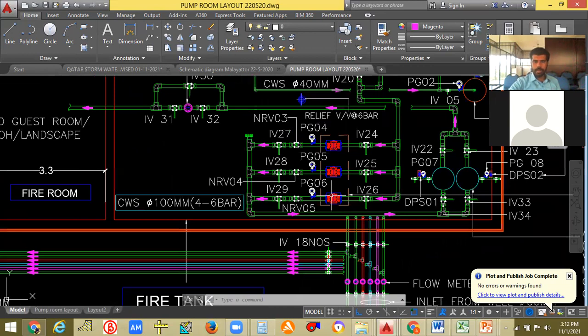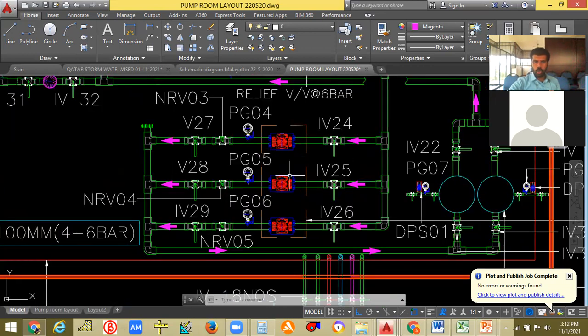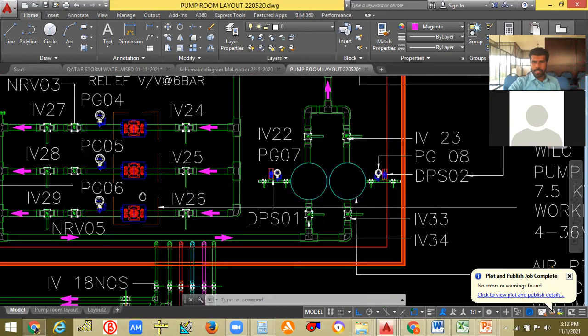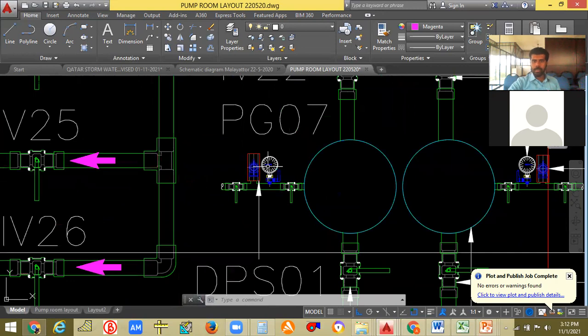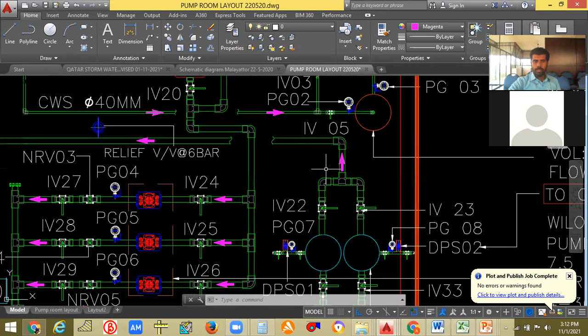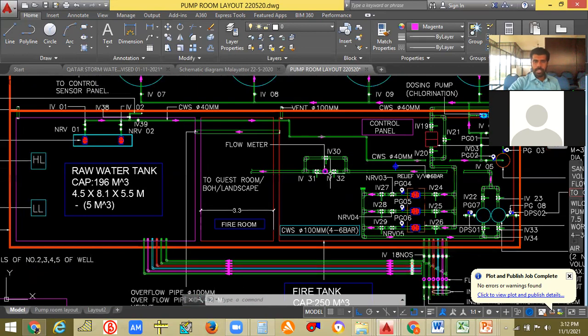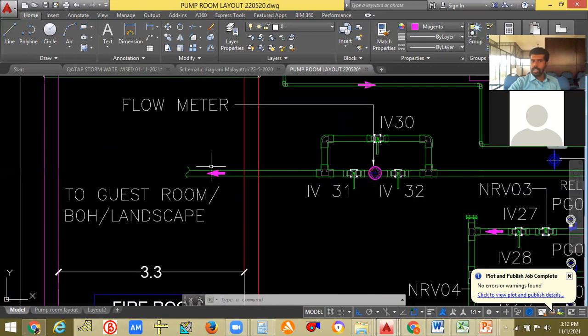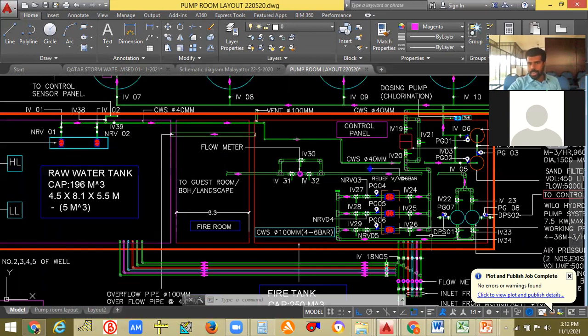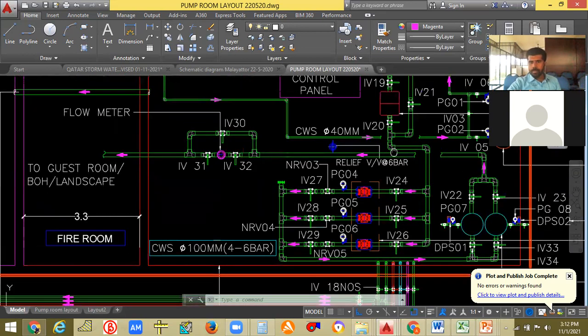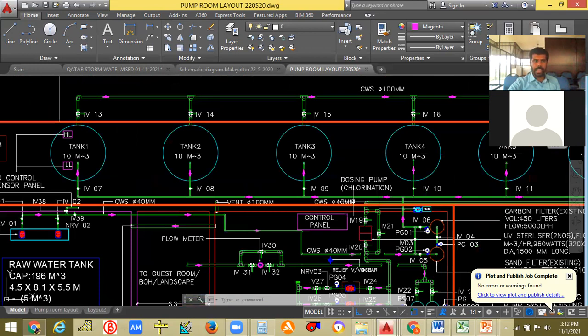This is the pump, this is the auto pneumatic system, and this is the pressurized tank that I have shown you, with the pressure gauges and the pressure sensors. Then from there it goes into the area, and the water is being given from the tank.